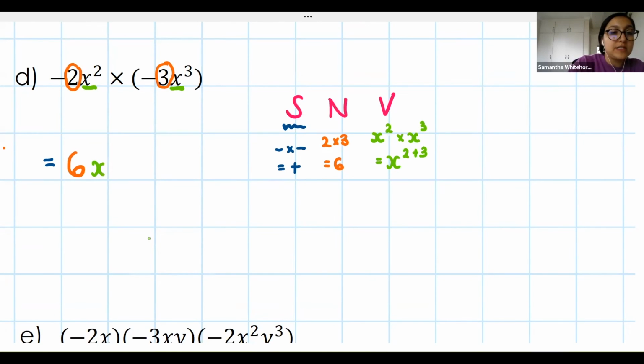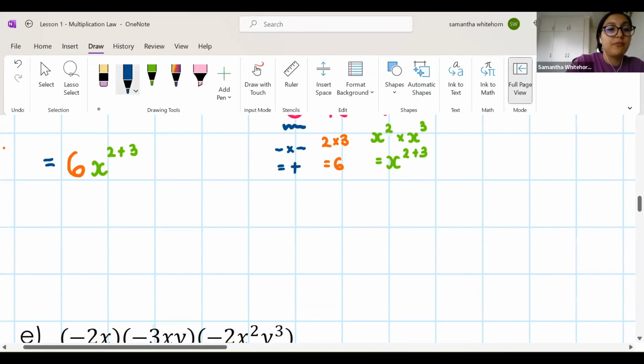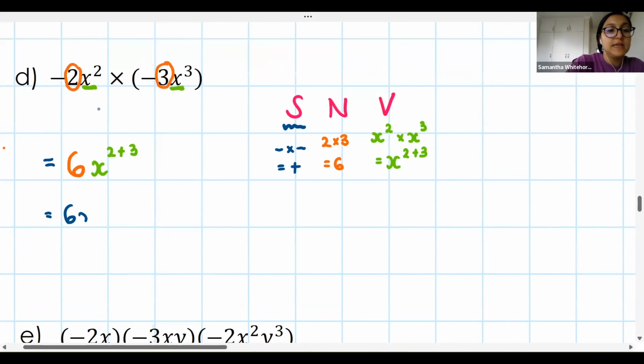So I will have 6x to the power 2 plus 3. And so my final simplified answer is 6x to the power 5. By applying my exponent law, by applying the fact that I can add the exponents when the bases are the same, I've been able to simplify my expression.